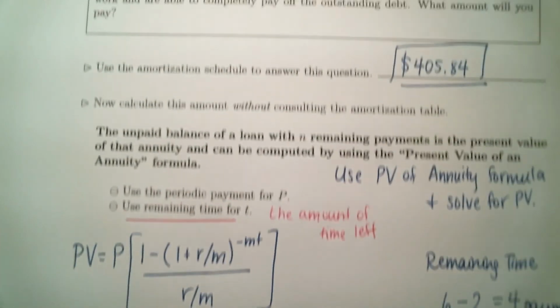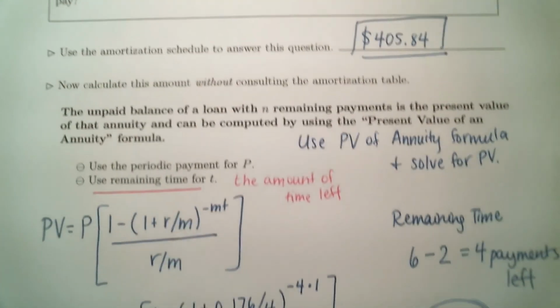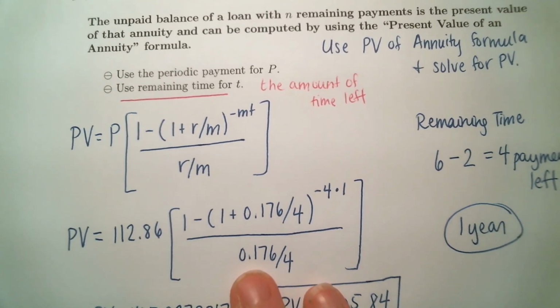Remember, you cannot take the periodic payment and multiply by the number of payments left, because that is taking into account future interest that you would owe. If you're going to stop right now and pay off your debt, you have to eliminate all the future interest you would pay. So that's why you have to use the present value of an annuity formula.